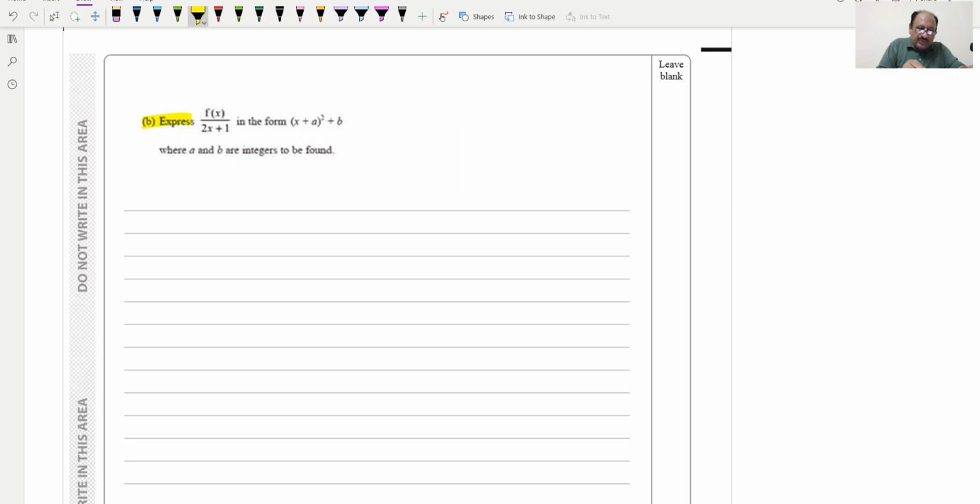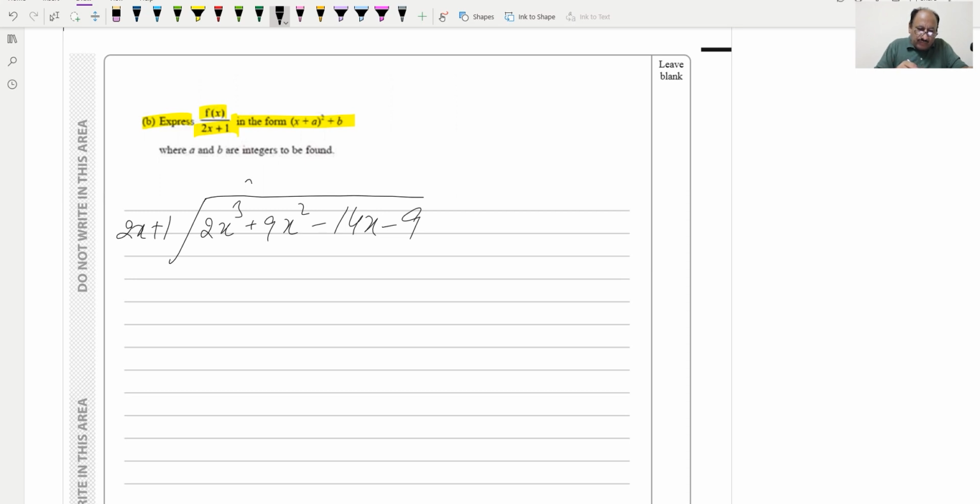B part says express f of x over 2x plus 1 in this form. So what we will do is divide f of x. We know f of x is 2x cubed plus 9x squared minus 14x minus 9, and we will divide this by 2x plus 1.